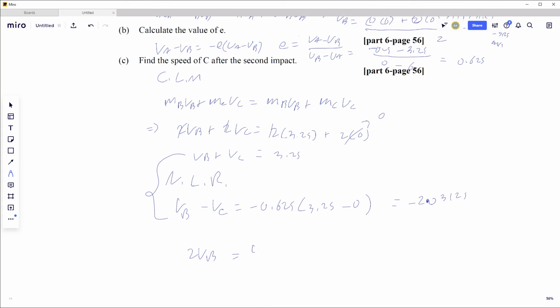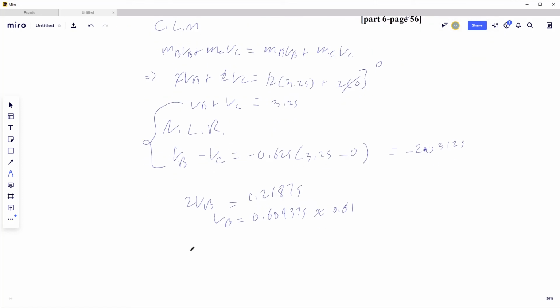You're going to get 1.21875. Divide by 2, you get 0.609375, so approximately 0.61.